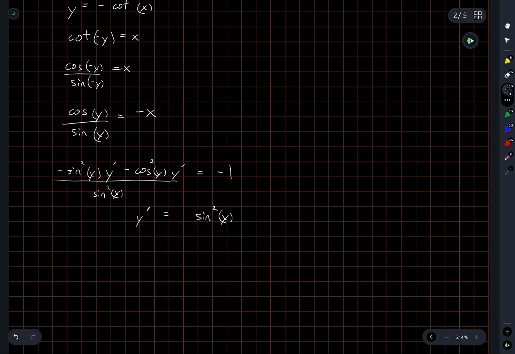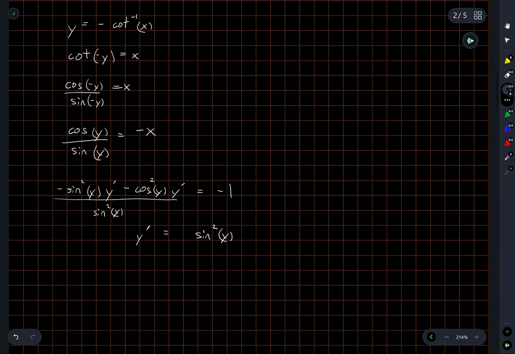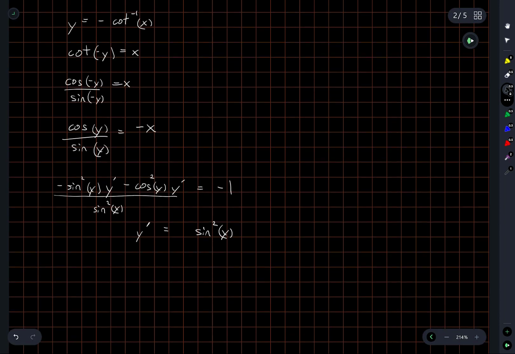No, positive sine squared of y. Okay, the negative signs cancel, of course. Sine squared plus cos squared here gives me 1. Okay, sine squared of y.